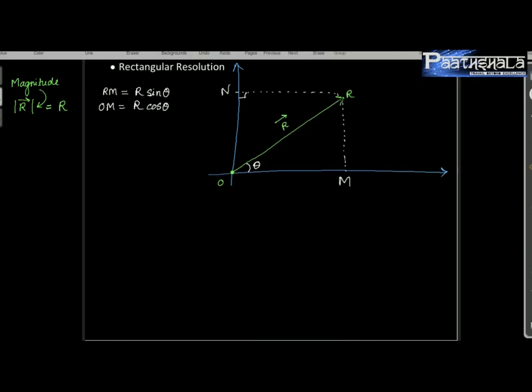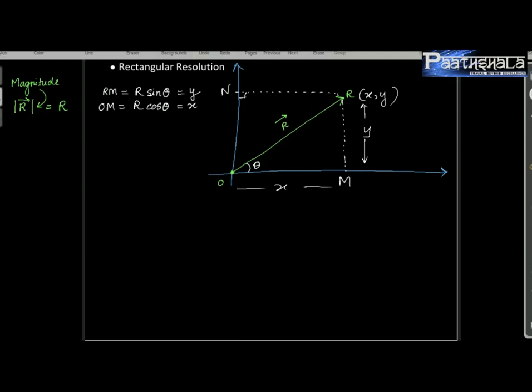So if this point R is represented as x comma y, x is nothing but the length OM and y is nothing but the length RM. So this is x and this is y.